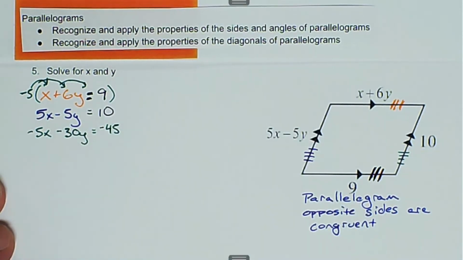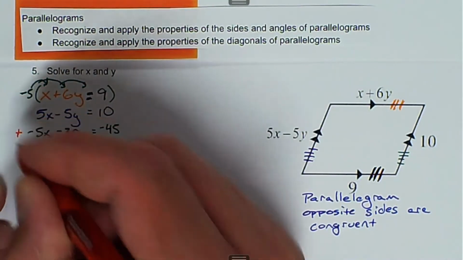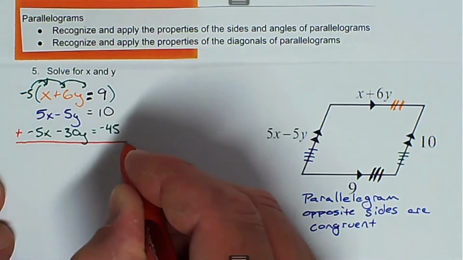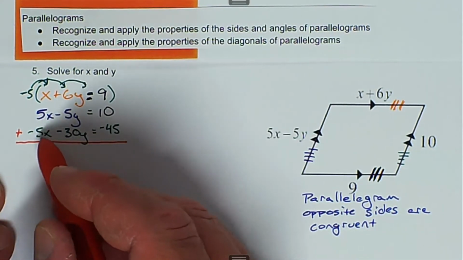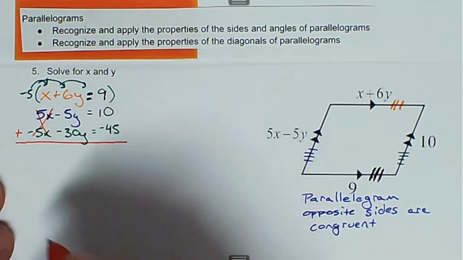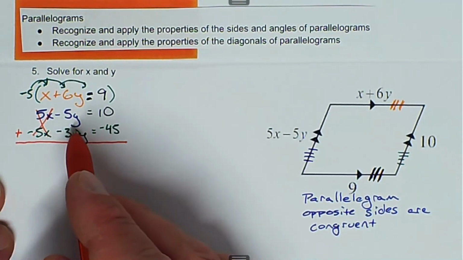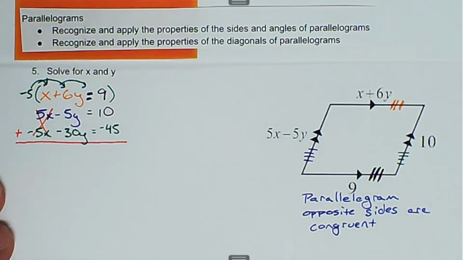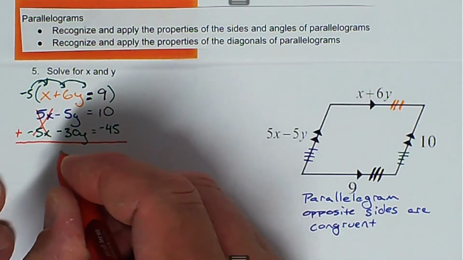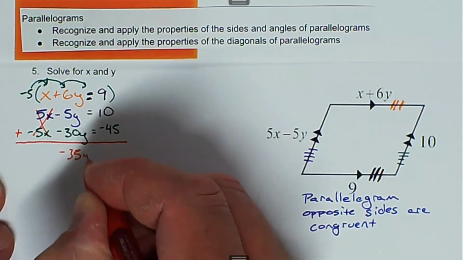Now from here, we can just add these 2 equations. The reason it's a good idea to add is because we have a positive 5 and negative 5. So those just drop right out. Negative 5y minus 30y, that's going to be negative 35y.